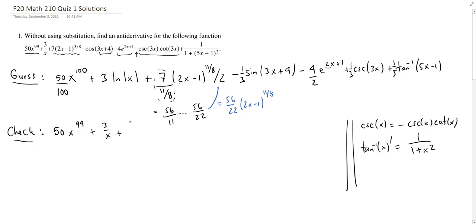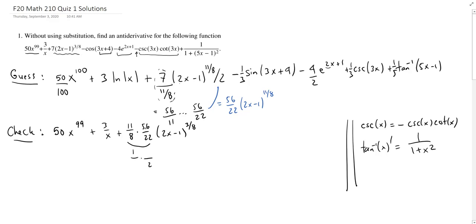So I'm going to have 11/8 times 56 22nds, 2x minus 1, and then I have to subtract 1 from the exponent. That's the 3/8 power. Now let's see if we can simplify this a little bit. The 11 will cancel with the 22, and I'll end up with a 1 over 2.